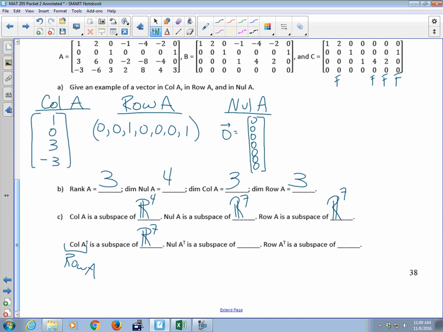Yes, awesome, R4. And you can also just picture transposing A, right? So then it would be 7 by 4. And if you are taking the null space, that's the set of things that get sent to 0. They'd have to have 4 entries. And the row space of A transpose, that's just the column space of A, which we know is a subspace of R4.